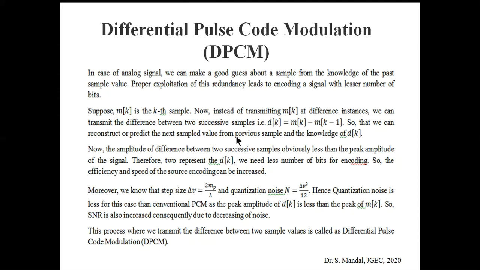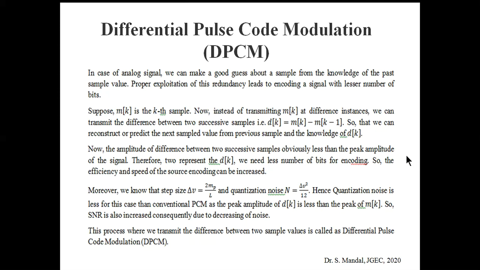Okay, now consider the case of PCM. In case of PCM, we first discretize, and after discretization we use a quantizer and then encode the levels in natural binary coding.